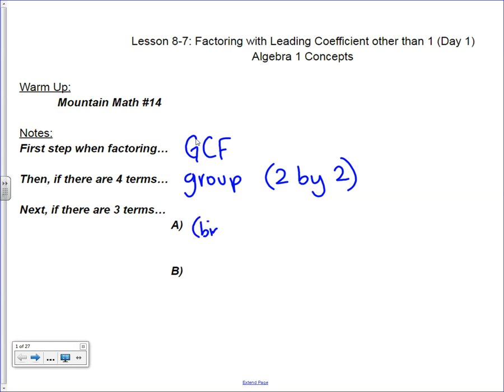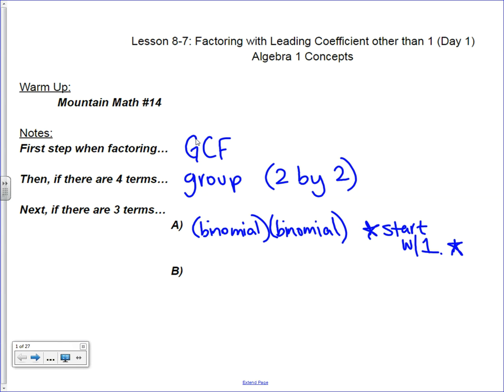We did a binomial times a binomial. And you notice there's a B here because all of these problems that we did, a binomial times a binomial, start with a 1. Every problem that we did always started with a 1.